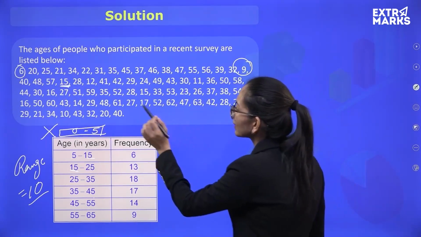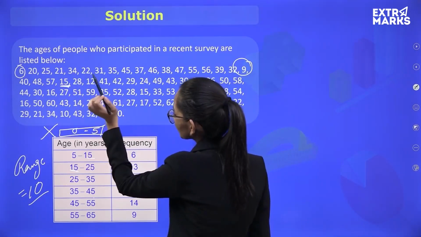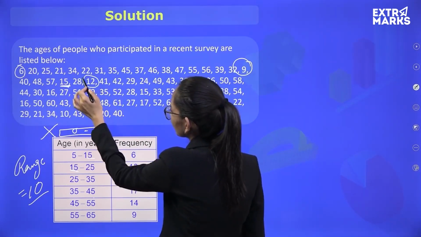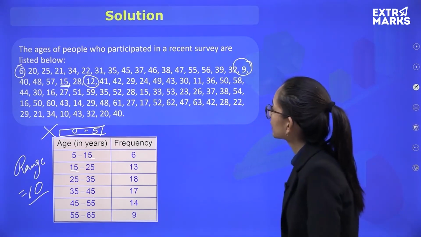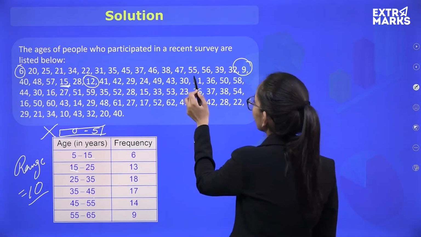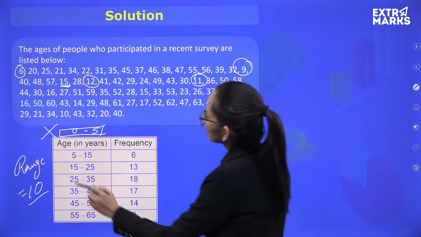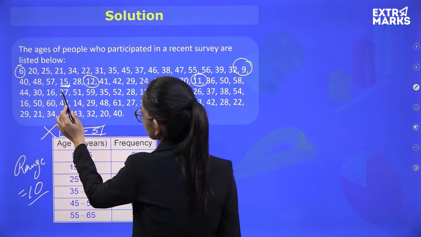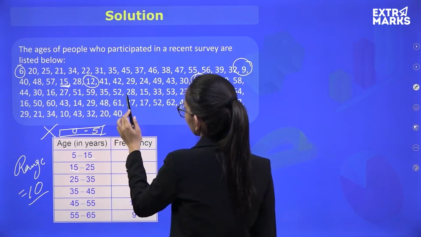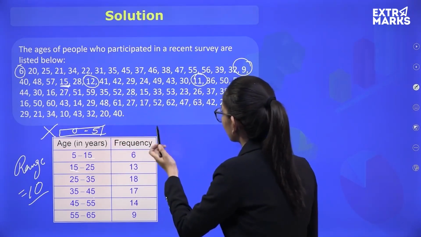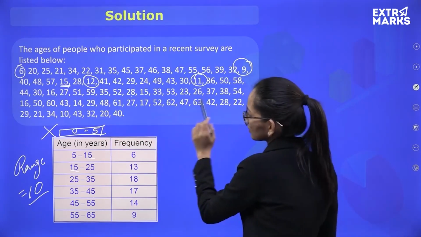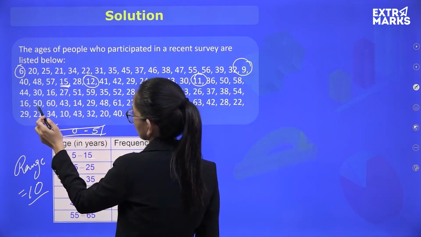Okay, so I'm not circling that value. After that, 12 will lie in the 5 to 15 age group. Then after that, 11 will lie. After that, let's count. So not 16, not 27, not 28, not 15 again. After that, not 16.